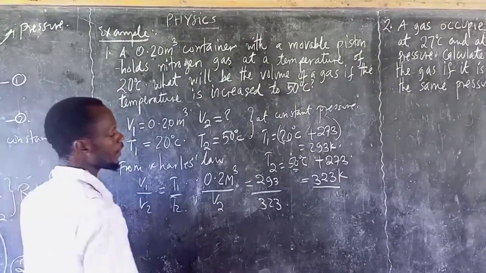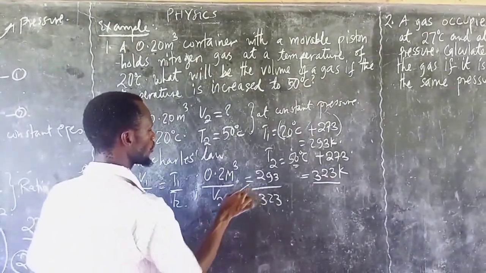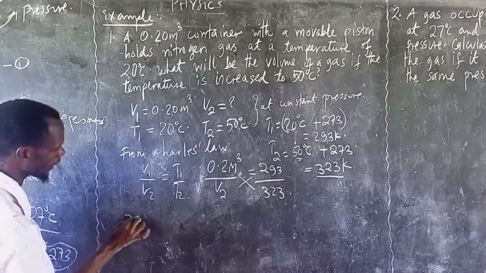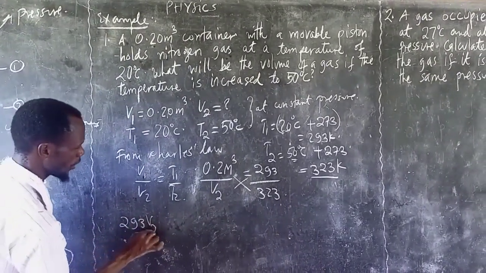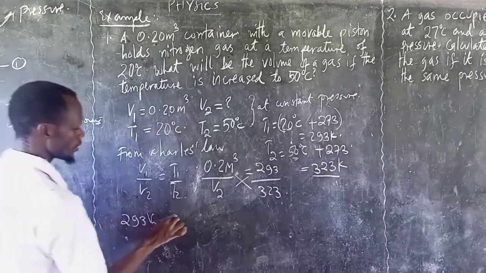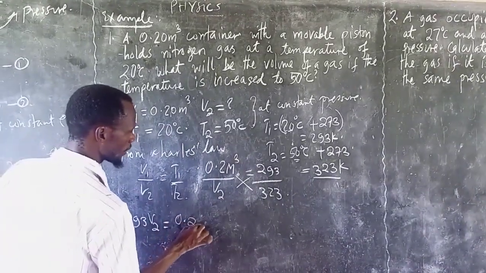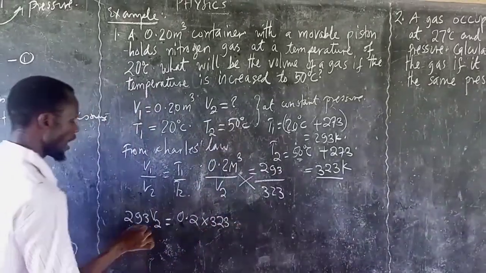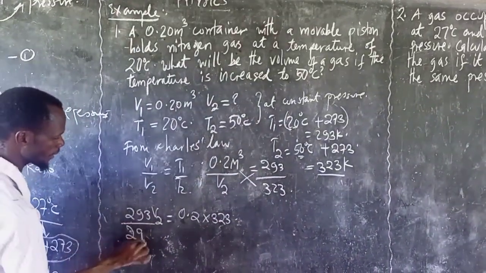Therefore, you are looking for the value of V2, so you cross multiply. You have 293 times V2 is equal to 0.2 times 323. Therefore, you divide by 293.